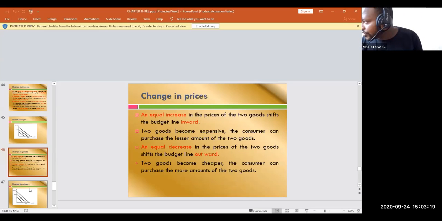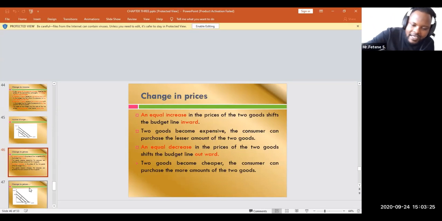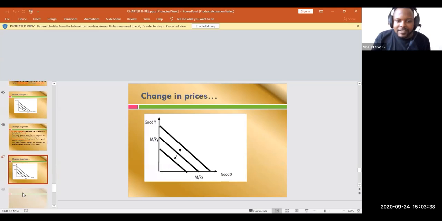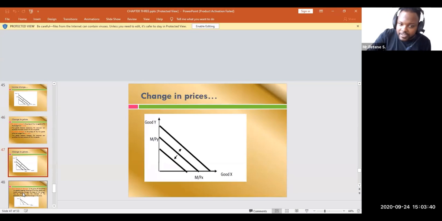An equal increase of the price of the goods shifts the budget line inward, and an equal decrease in the price of the two goods shifts the budget line outward, because the goods become cheaper and the consumer can purchase more of them. Look at the graph: this is the budget line.